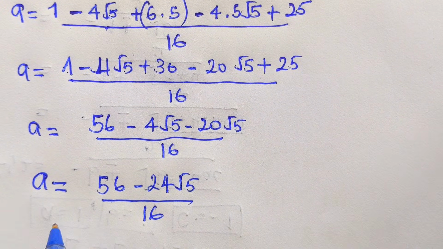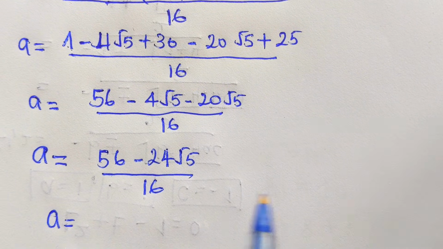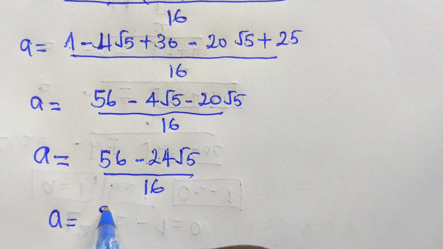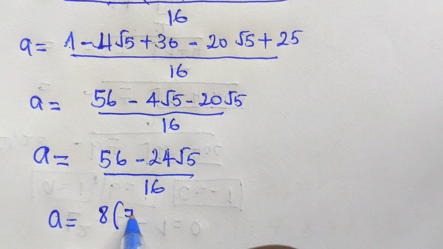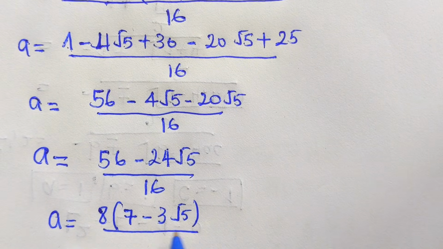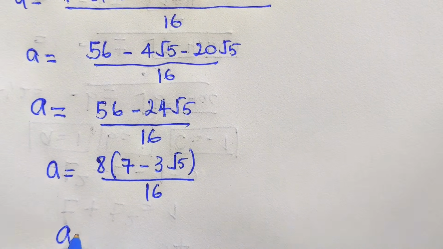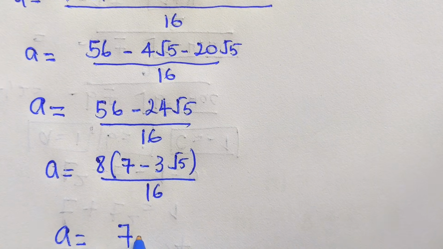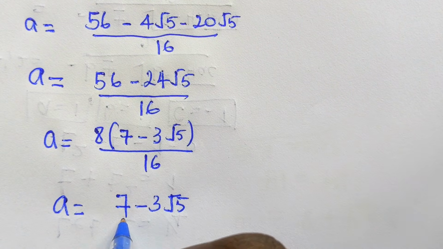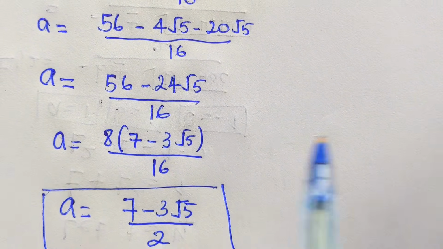But if we simplify, we can factorize out 8 to get a equals 7 minus 3 square root of 5 over 2. And this is our final answer.